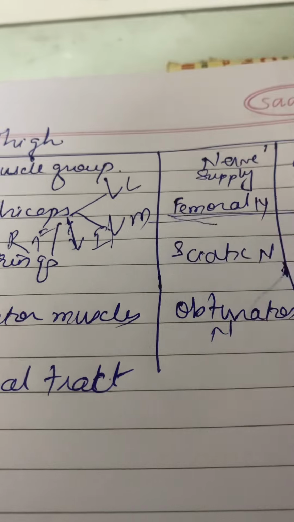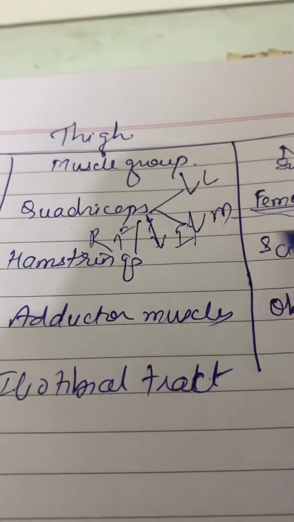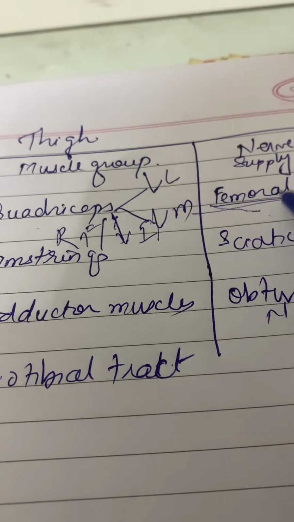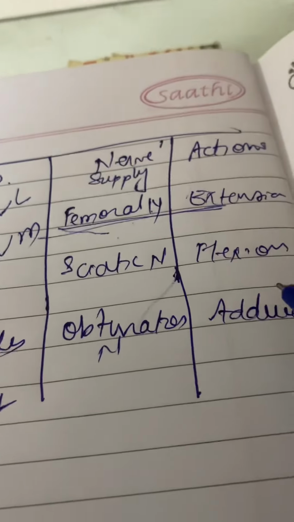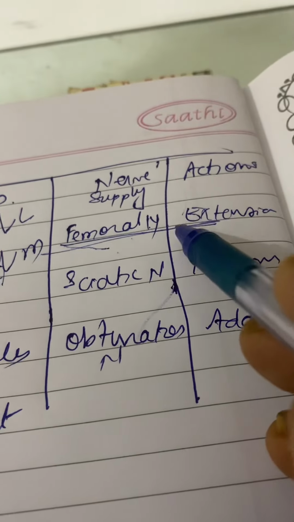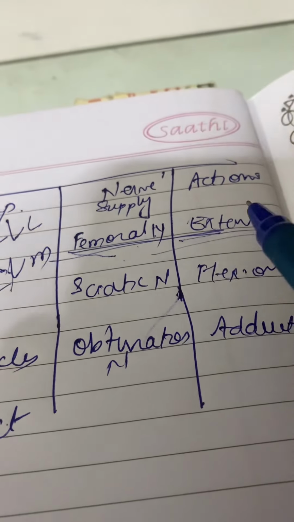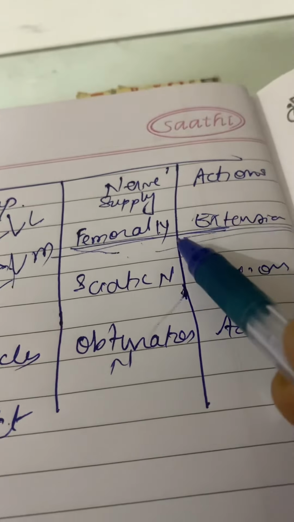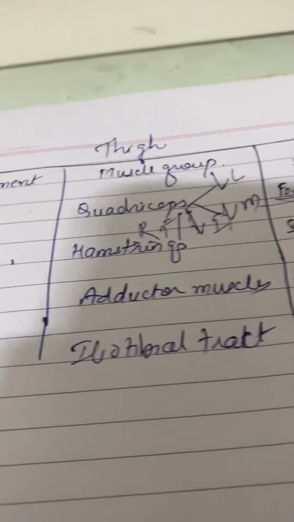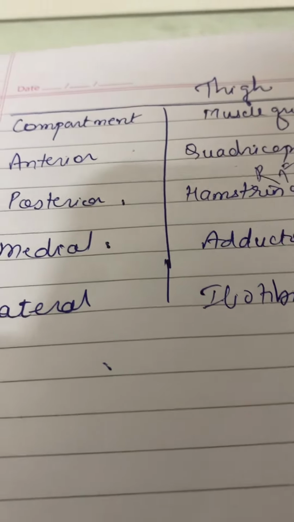You cannot talk of any other nerve in the anterior compartment except the femoral nerve. The action here is extension of the knee joint. There will be some exceptions among the muscles, but in general the action of this compartment is extension.